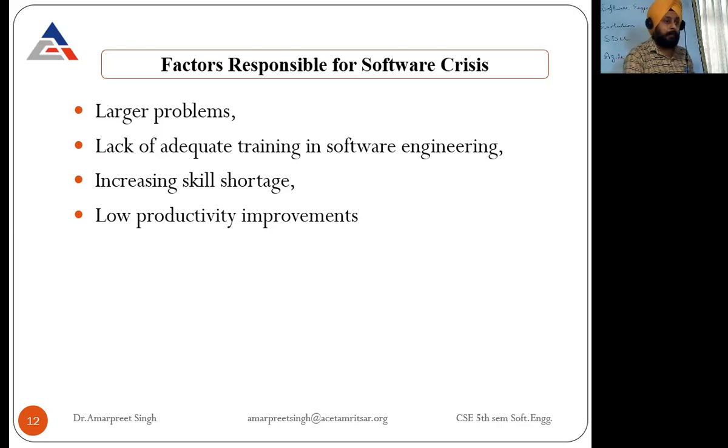Then lack of adequate training in software engineering, the increasing shortage of skills required to develop software products, and low productivity improvement. So these are the factors for a software crisis.